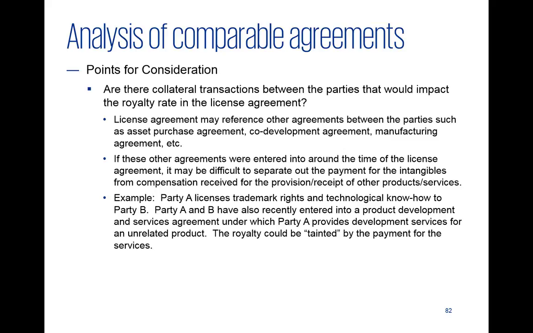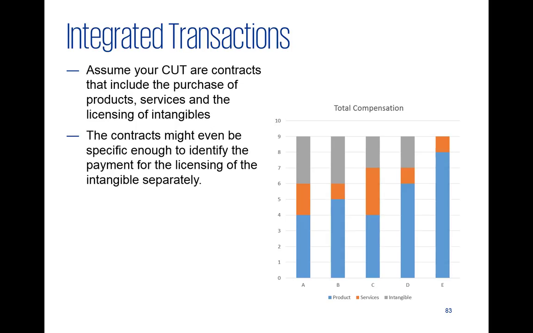So if party A licensed the trademark rights and technical know-how to party B, and A and B both also entered into a product development and a service agreement under which A is providing services for an unrelated product, something completely different, the royalty that was negotiated between them may be a bit tainted by the payment for the services. An example is probably going to make this a little bit easier to understand.